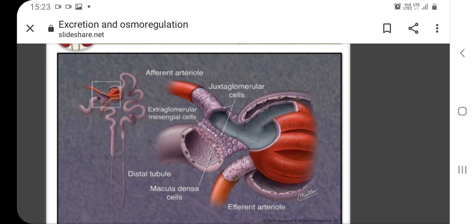This allows for the exchange of chemical messengers between the different cell types.